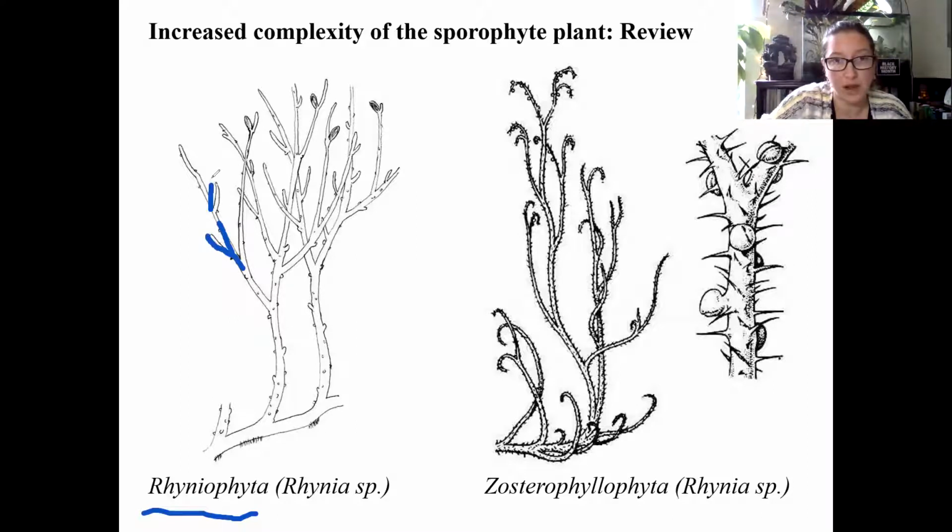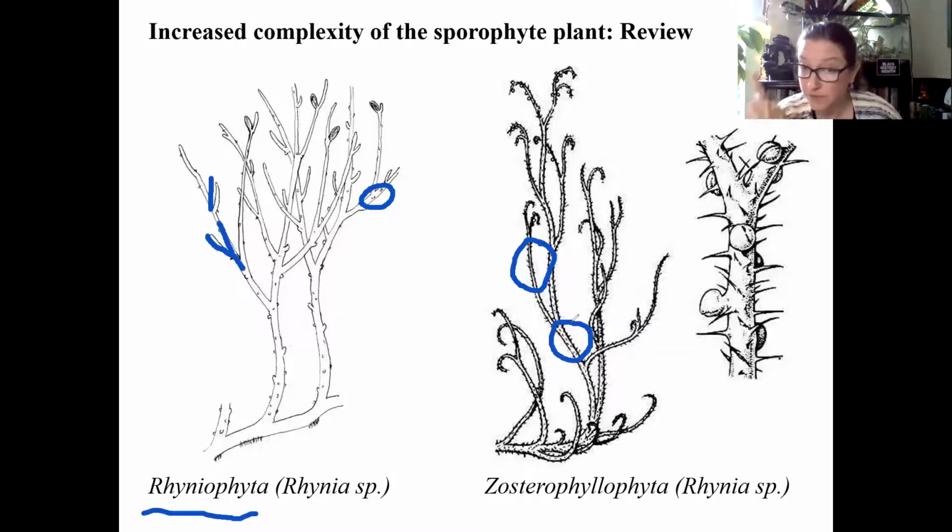This is unequal dichotomy as versus the equal we just saw. We're seeing little weird projections, like these little weird spiky things on the stems, right? Still no leaves, but little weird projections, which are called enations.